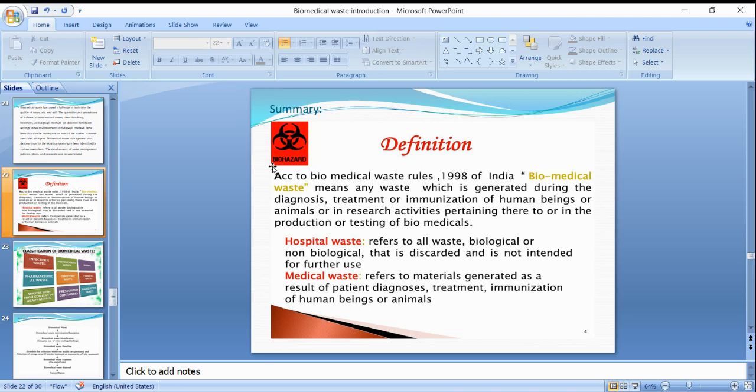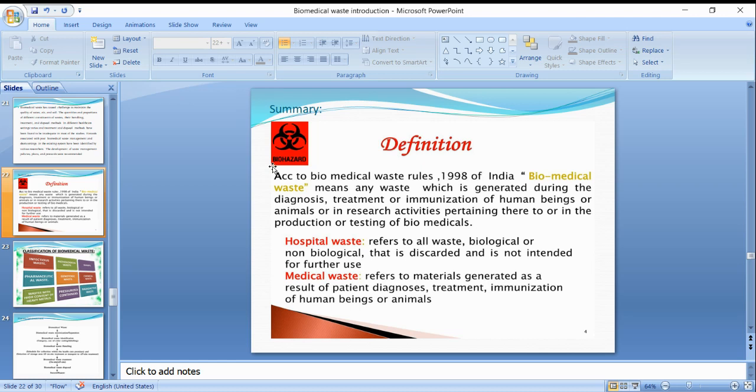Waste is divided into hospital waste and medical waste. Hospital waste refers to waste, biological or non-biological, that is discarded and not intended for further use. If it is not used further, then it is considered a waste.